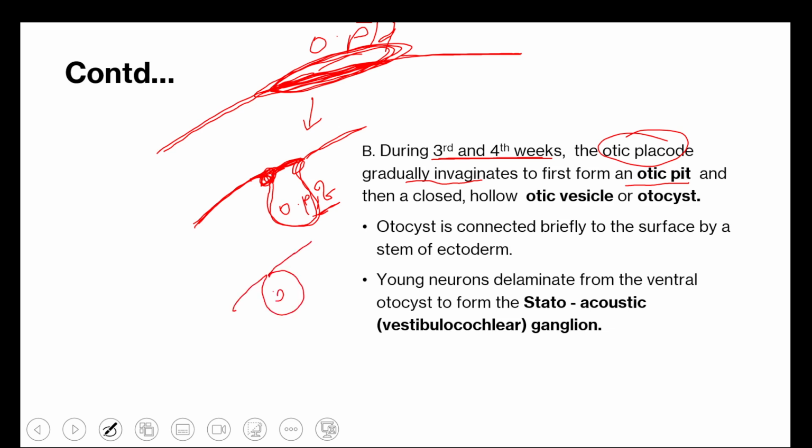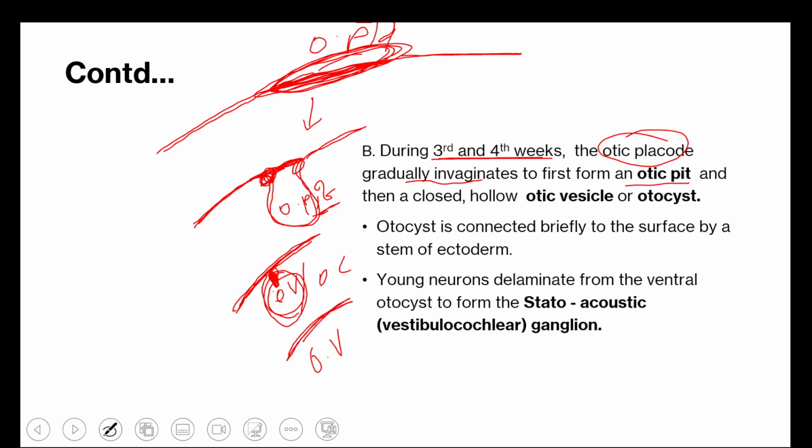The otic vesicle is connected to the surface ectoderm with the help of a stem, and this stem later gets obliterated, and the otic vesicle is completely detached from the surface ectoderm.